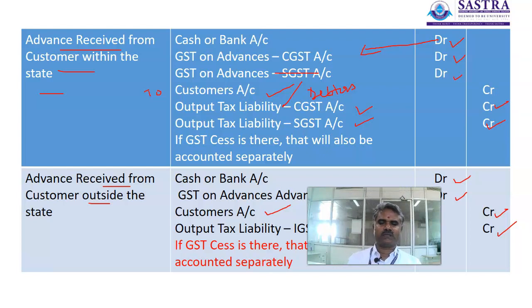When you import goods, export goods, or do interstate supplies, you have to charge IGST. So advance from a customer outside India or outside the state, the entry is like that. Okay.